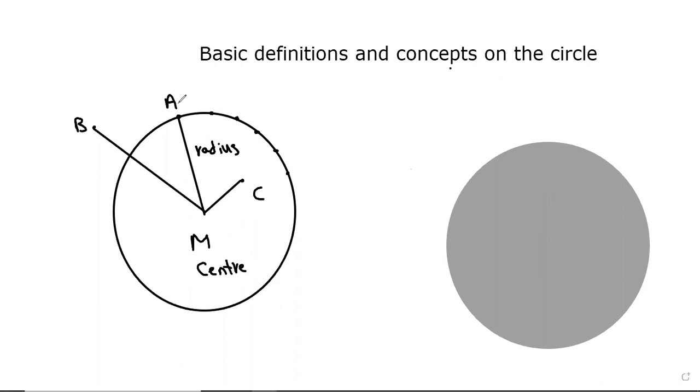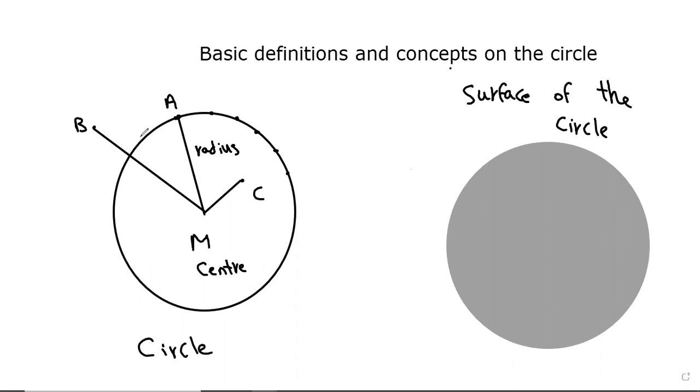Okay, so here we have a circle M. The point A lies on the circle. And pay attention to the difference between the circle and the surface of the circle. What is the difference between them? The closed curve is the circle.